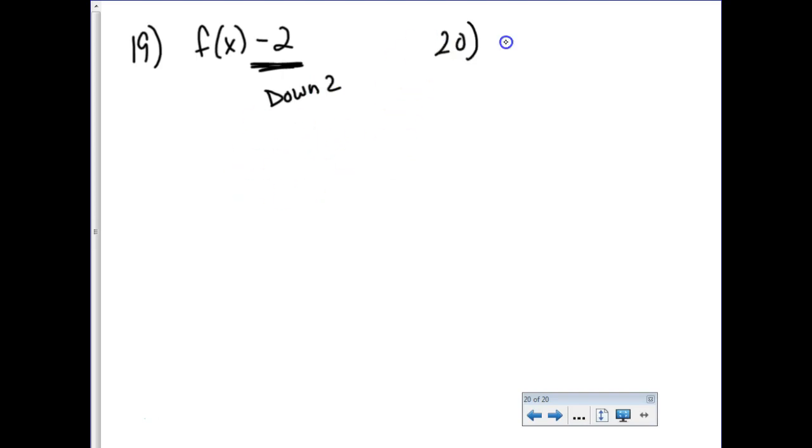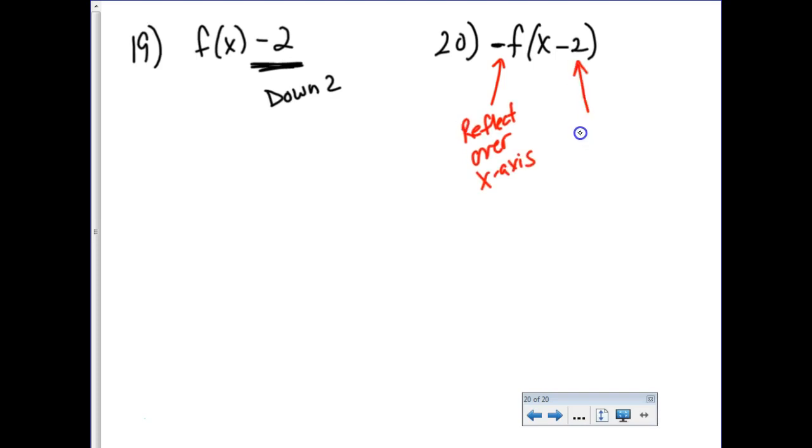And then for 20, you have a negative in front of your function, and then you're also shifting it to the right too. Because these two transformations, like this one's a vertical transformation and this one's a horizontal transformation, you can technically do them in any order you want, but I need you to at some point reflect over the x-axis, so a vertical reflection, and then I also need you to move all the points right too.